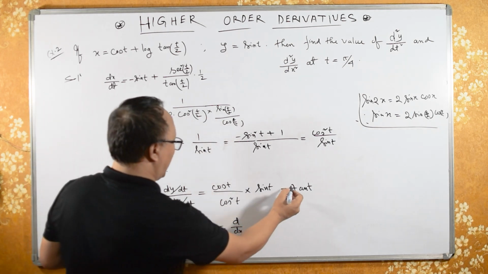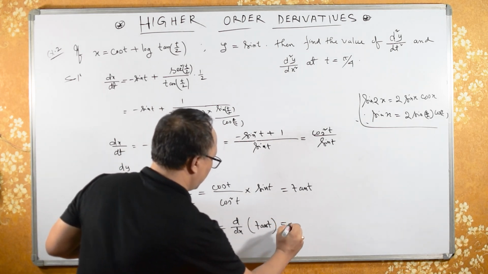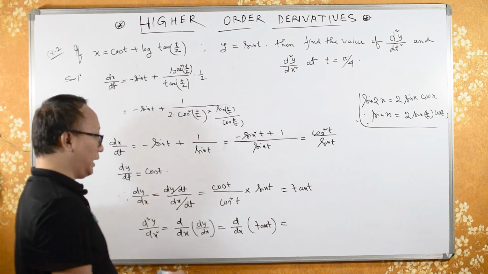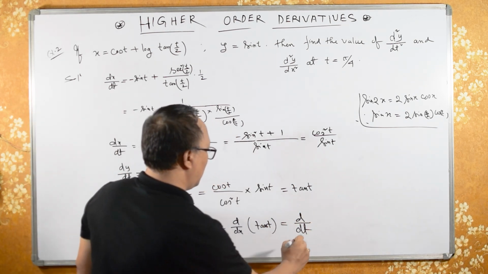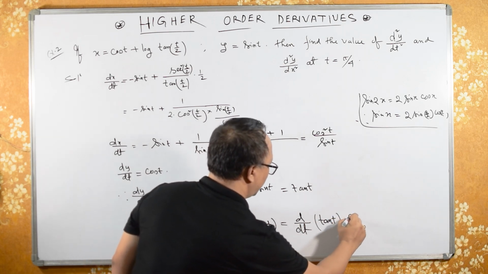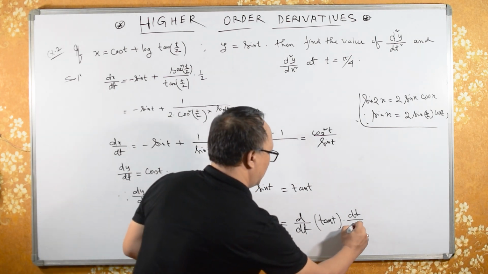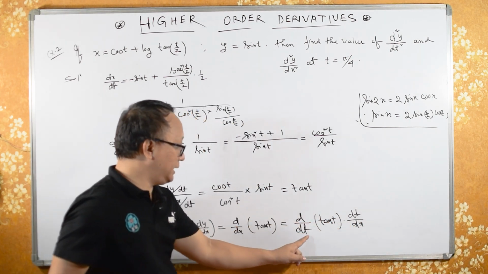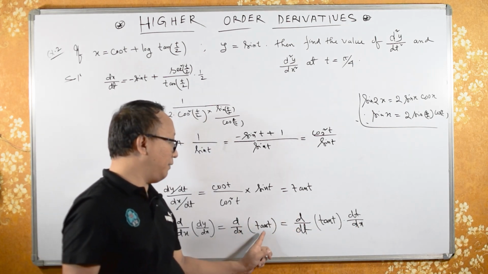I have tan t, in terms of parameter t. I can write this as d by dt of tan t into dt upon dx, because dt gets cancelled. It's d by dx of tan t.